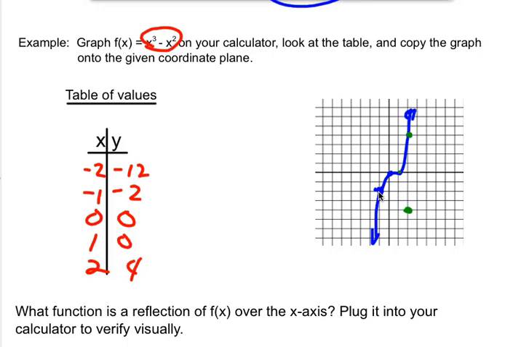Now these aren't going to move. And instead of being at -1, -2, we want to be at -1, +2. So what I want to happen is for it to look like that. That is a reflect over the x-axis.